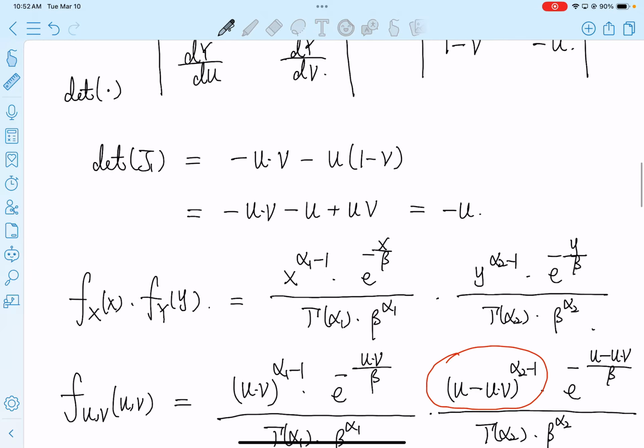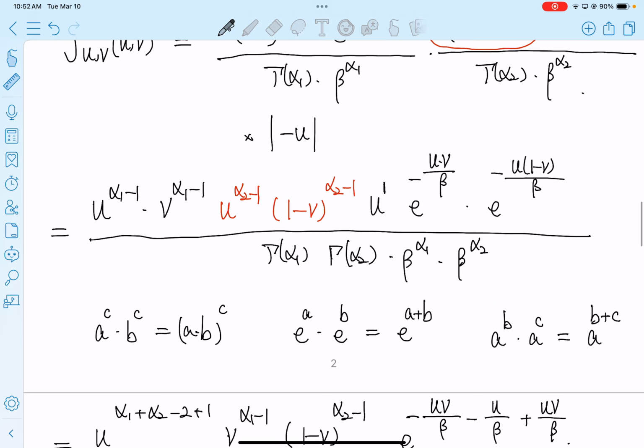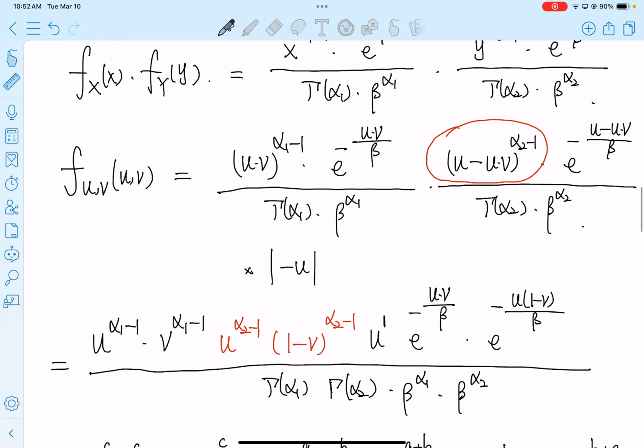And for the Jacobian here, the determinant, we have a negative sign, so don't forget about that. But that negative sign will be handled by the absolute value here. So this vertical bar is the absolute value, and that vertical bar is the determinant of a matrix. Yeah.